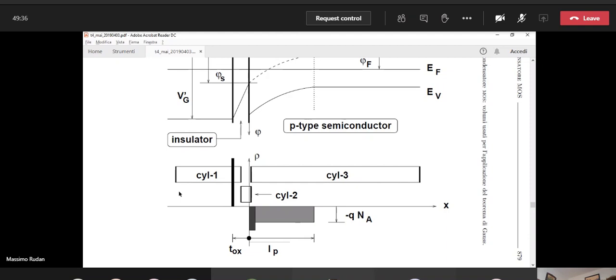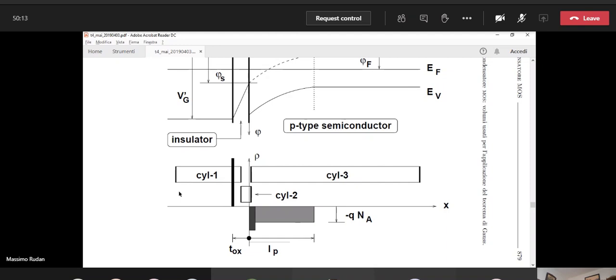So you remember that the Gauss theorem states that if you take any volume and then calculate the flux of the displacement vector over the surface of this volume, you obtain the total charge inside the volume itself.